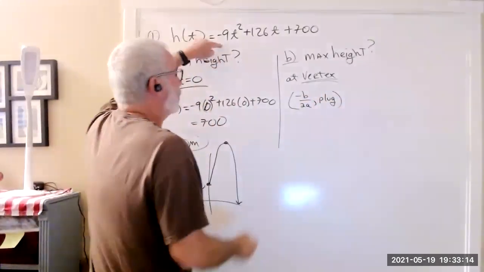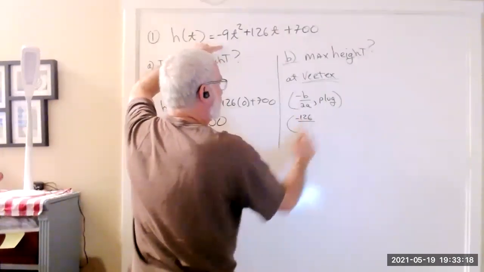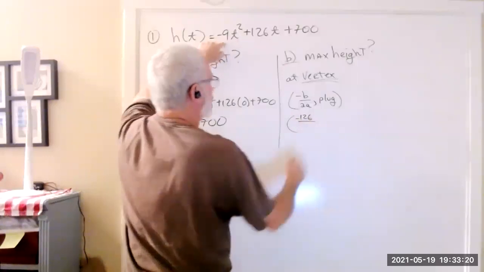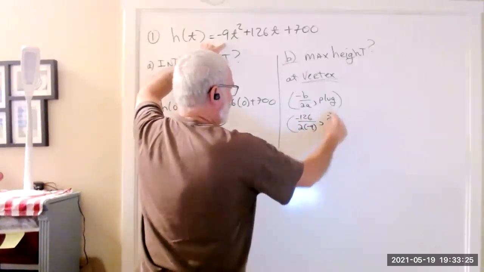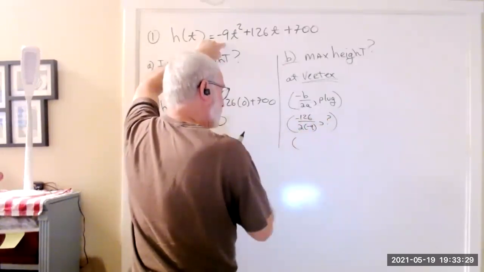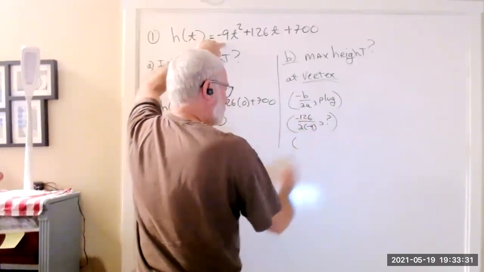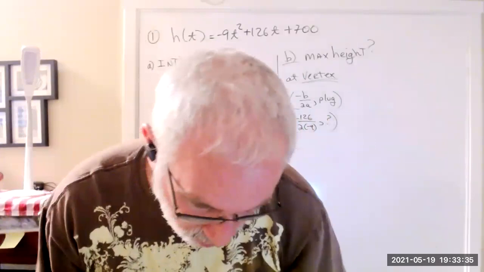Okay. So you take negative 126 over 2 times negative 9, comma, something. What's that? 18. Is that 8? Maybe I should look at my work. 7?